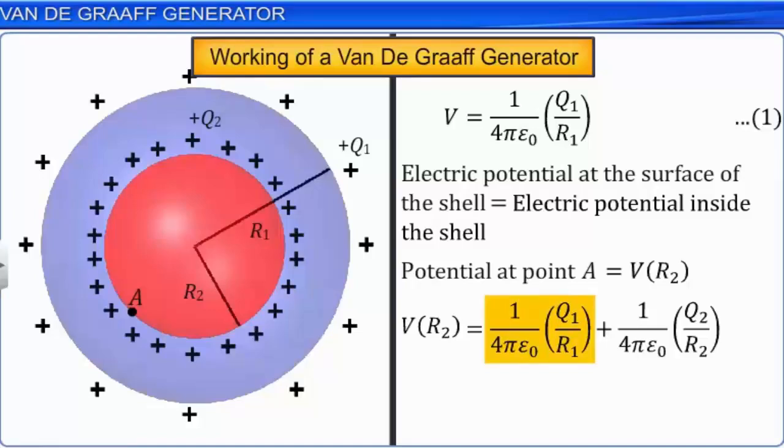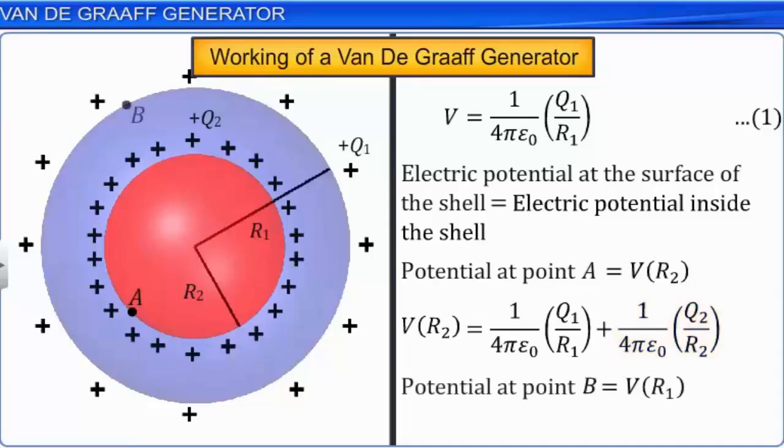And 1 by 4 pi epsilon naught Q2 by R2 is the potential due to the charge on the inner sphere. The potential at any point B on the surface of the outer sphere is V of R1. This potential is due to the charge on both the outer sphere as well as the charge on the inner sphere.